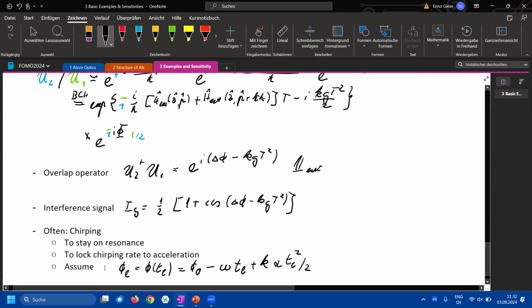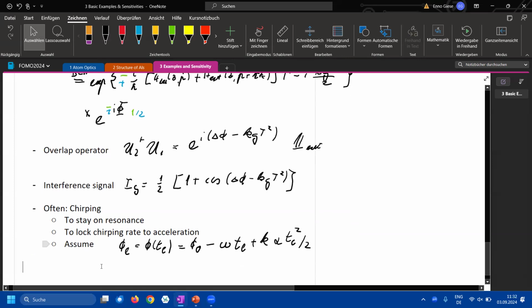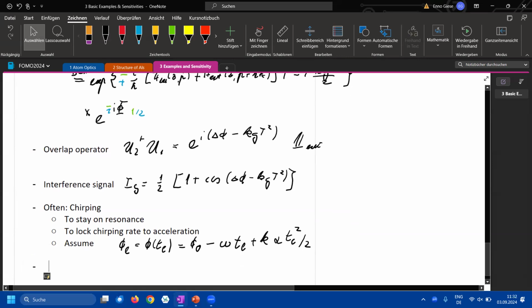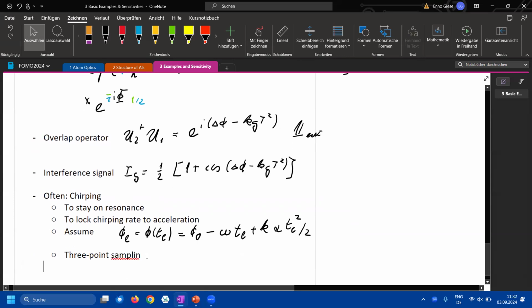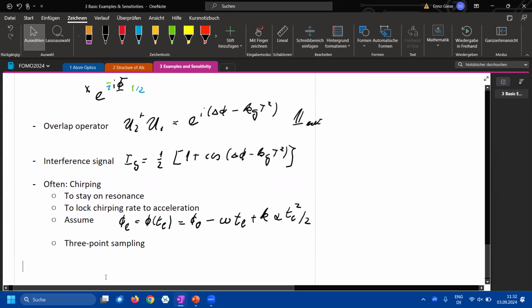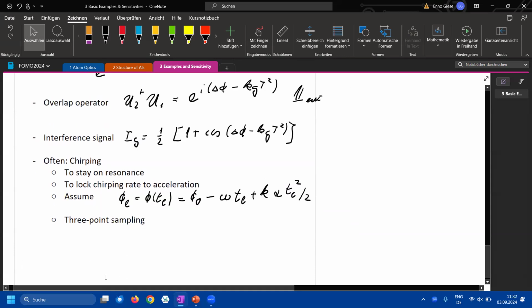So let's look just at this three-point sampling.